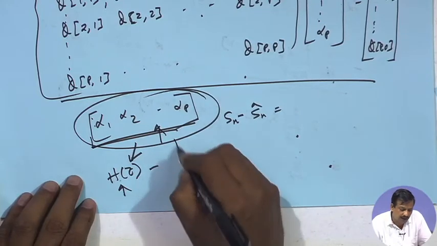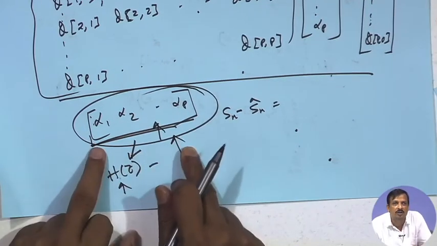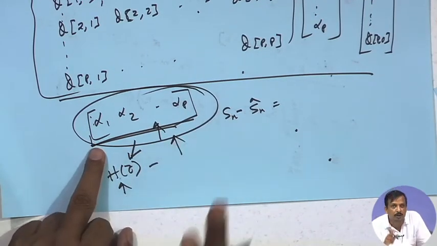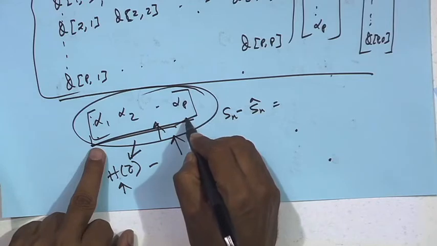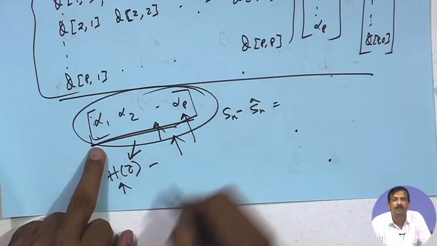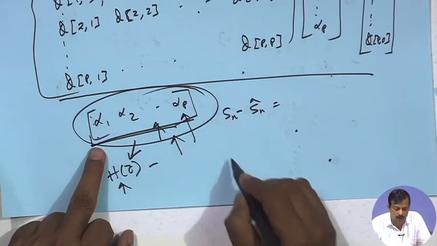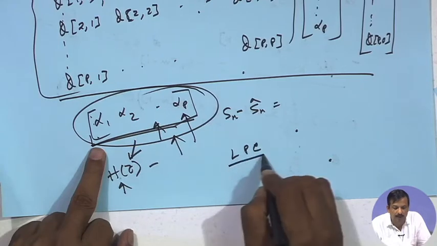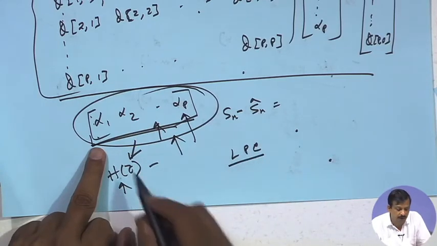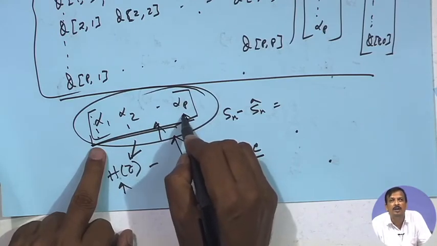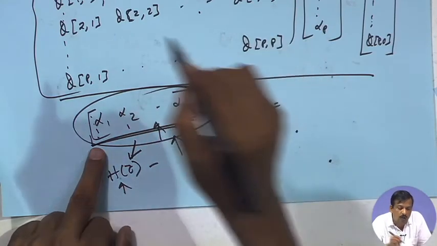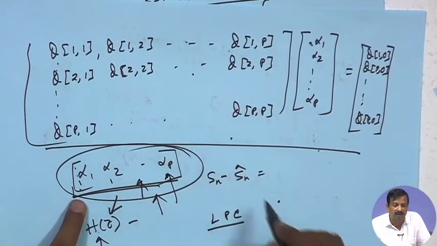Once I estimate these alpha values, that set of alpha values represents the production system at that time. So, those can be the parameters for those speech events. Those parameters are called LPC parameters, linear predictive coefficients. Alpha 1, alpha 2, alpha p are called the LPC coefficients. Now, how to estimate these alpha values?